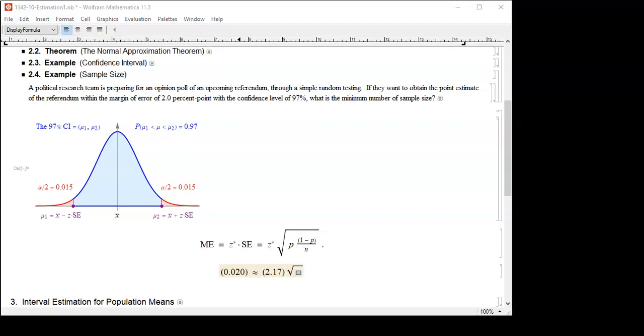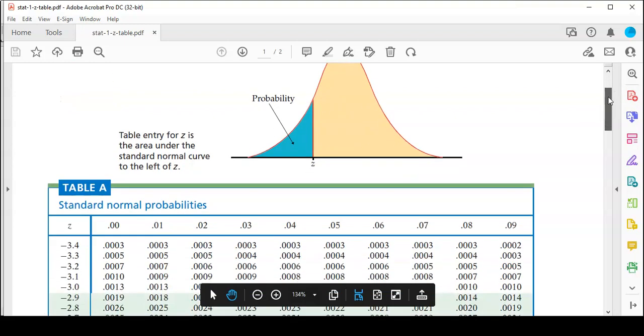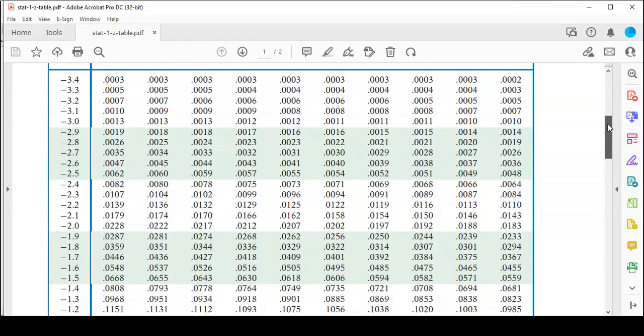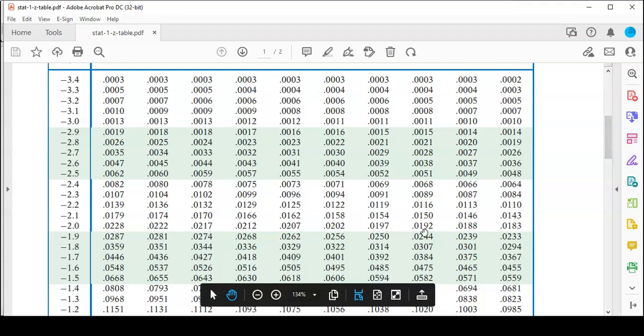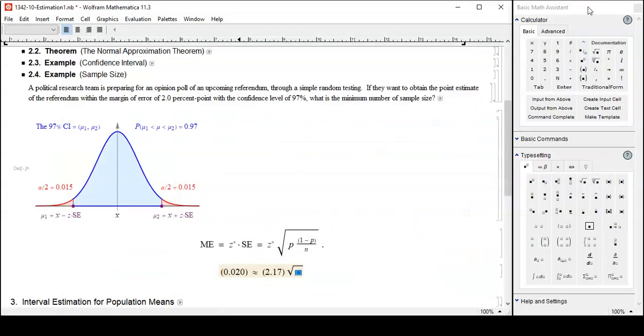Let's go to the normal table here, and you want left-hand side shading of 1.5%. Yeah, it's right here. Negative 2.17, this is 0.0150. Negative 2.17 is for the left-hand side.